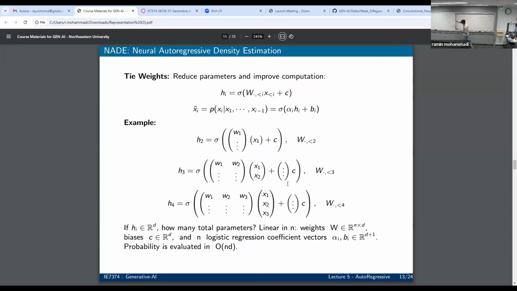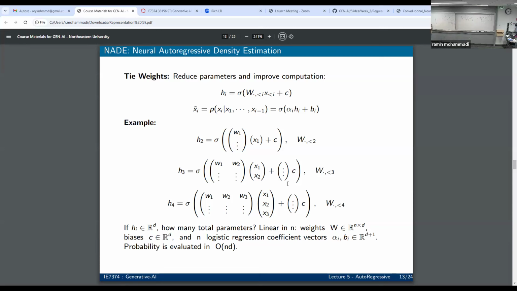If I want to predict pixel number 3, I pick the first two columns. So W is fixed across all pixels, and depending on what you are predicting, you pick the W's before that index. If you're predicting pixel position N, the last one, you will use all N minus 1 columns. So that was the idea of tying weights.